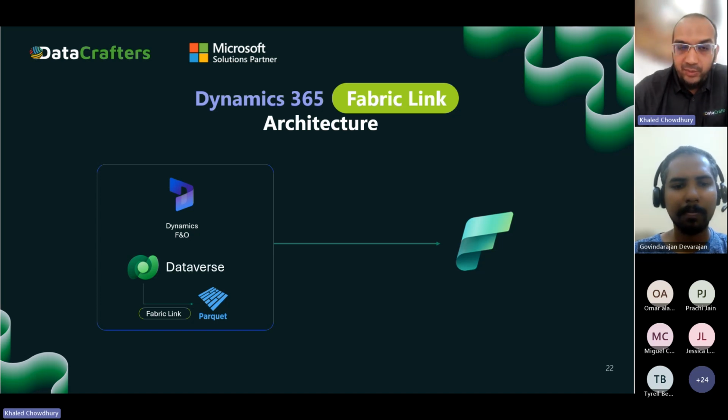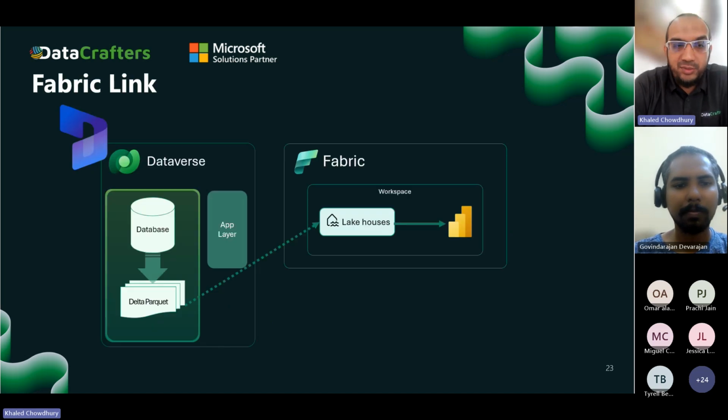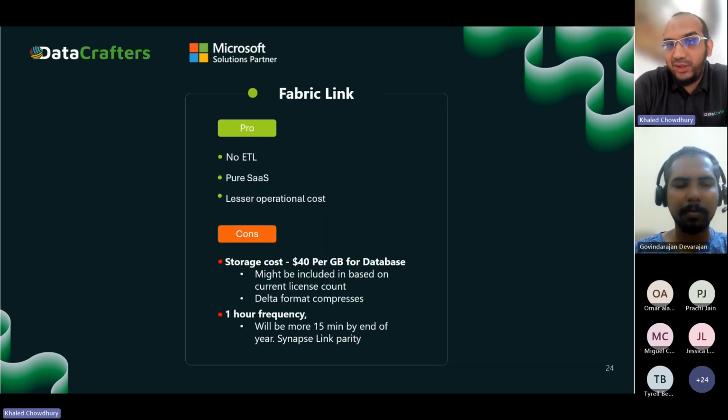Now, in this architecture, as you can tell, the data is stored within the Dataverse environment, and essentially in a Fabric workspace, we just create a shortcut. As you can tell, there is no ETL, right?